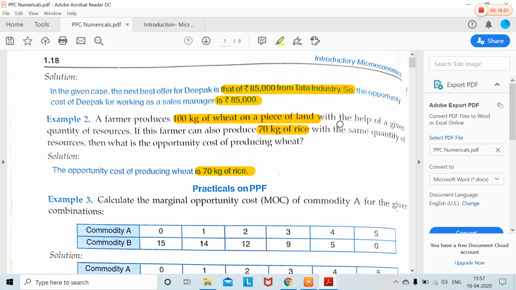In that case, there is no next best alternative. So whenever we don't have any next best alternative, the opportunity cost is zero, because whatever opportunity that land could give you was production of wheat, and that you're already doing, but you're not losing anything by producing wheat on that land, because that land is not good for anything else. So when resources have alternate uses, then only we have opportunity cost, and resources do have alternate uses. We have done this in our features of resources, that they are limited, and also they have alternate uses.